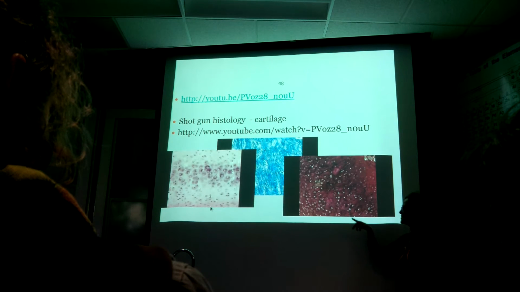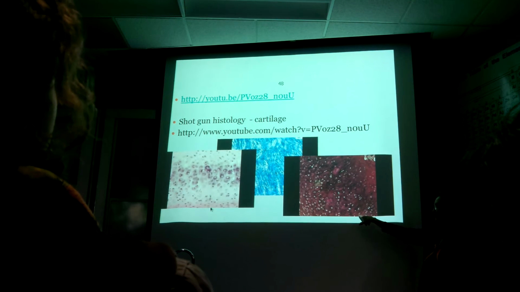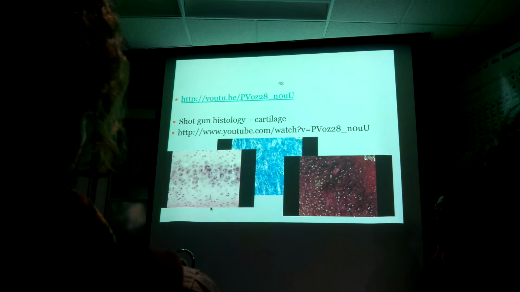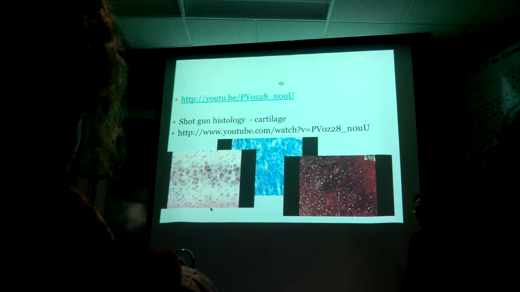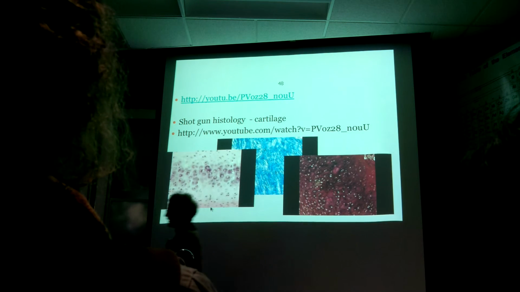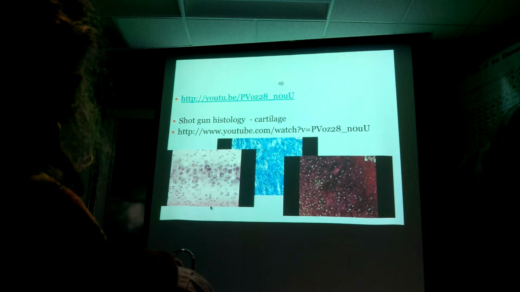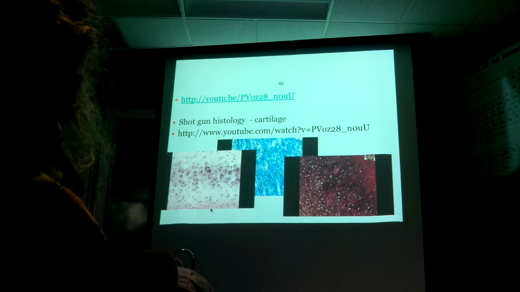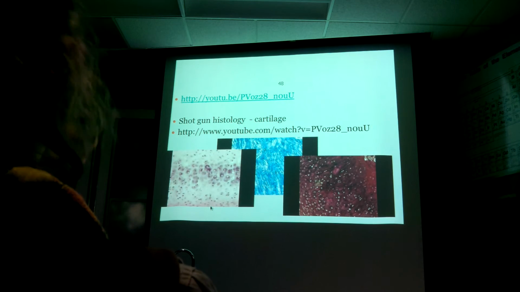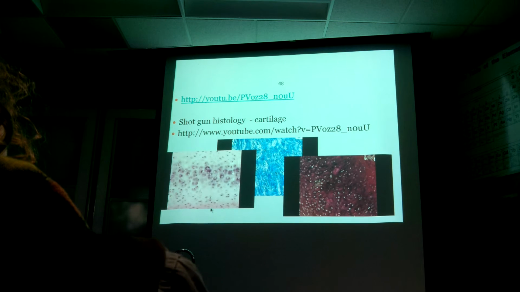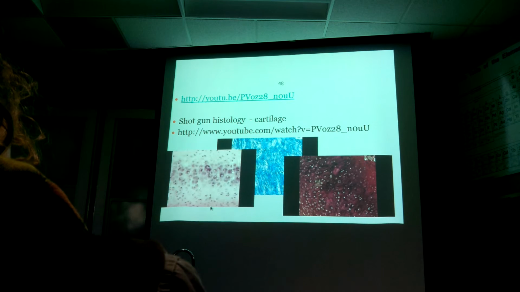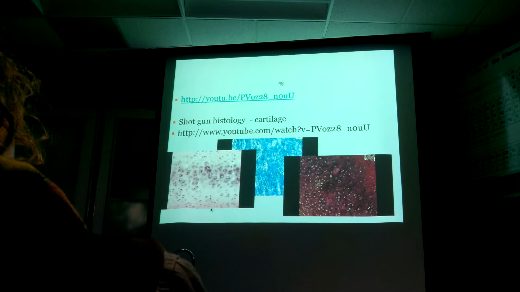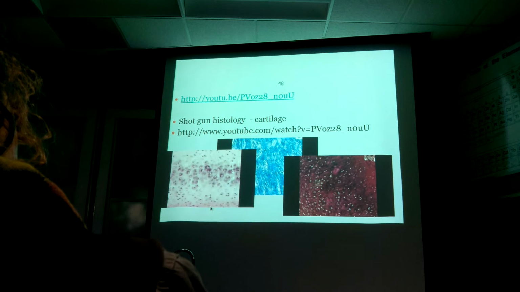Now, something kind of interesting that I just learned about elastic cartilage is that it is found in the parts of the body that begin with E, just like elastic. For instance, the epiglottis, the ear, the eustachian tube. So that's where you find elastic cartilage.